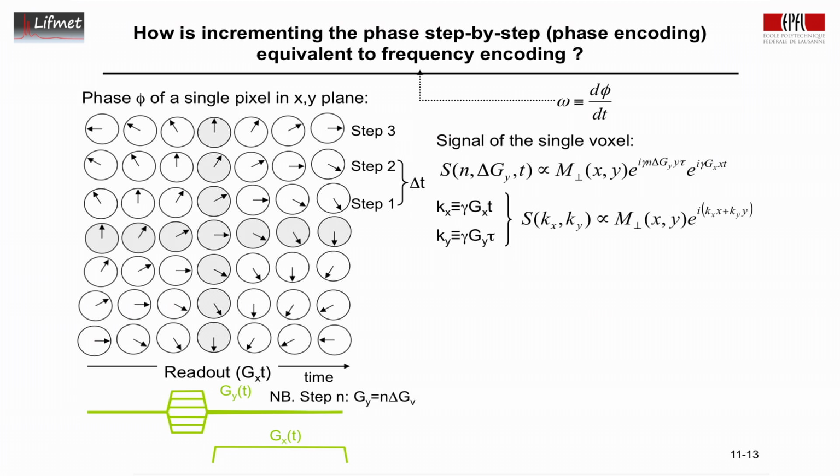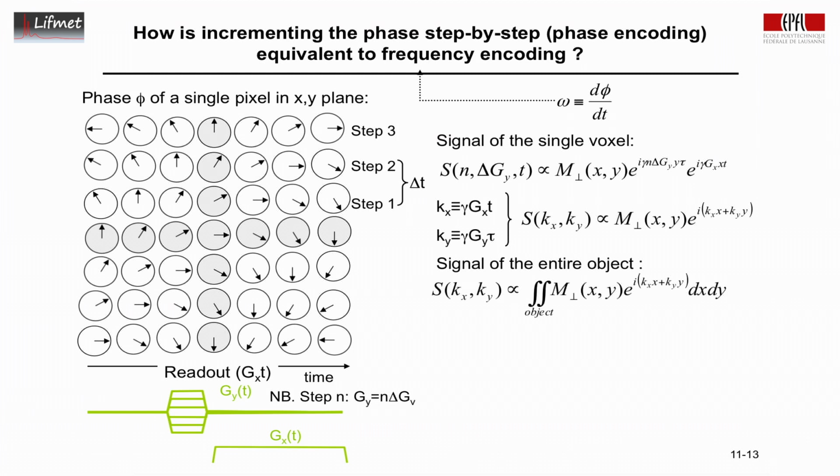Okay, so far this is the signal for a single pixel, a pointwise object. How about the signal for an entire object? Well, we're going to have to integrate along x and y, so we'll do a two-dimensional integral across our object in x and y. Our signal at kx, ky is proportional to the transverse magnetization at that position times e to the i kx x plus ky y.